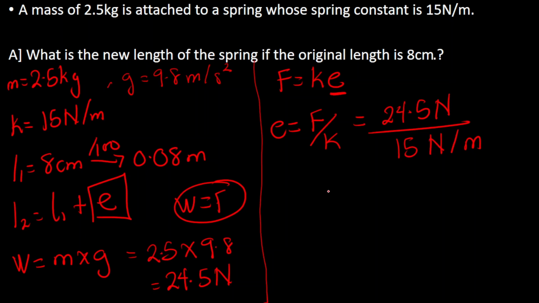Okay, so we get our extension, so E will be equal to 1.633. So we can just put it as 1.63 meters. So 3 significant figures is okay. 1.63 meters. So this is our extension. But now we're looking for the new length.